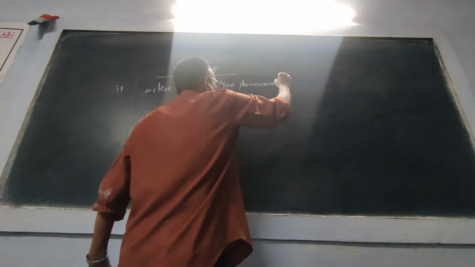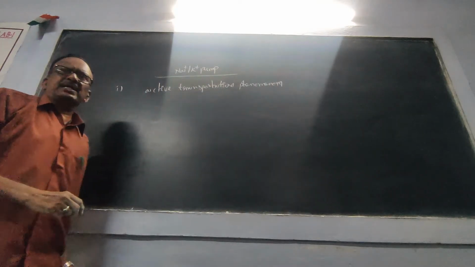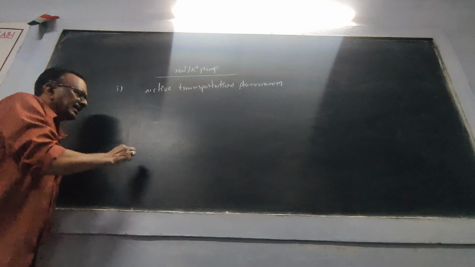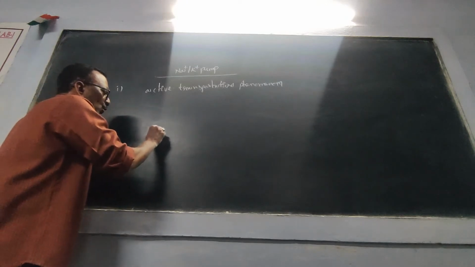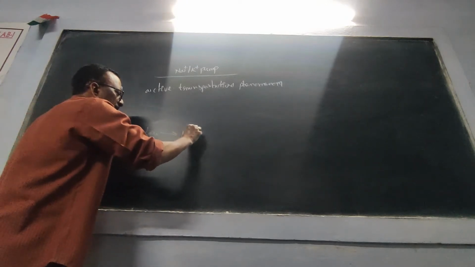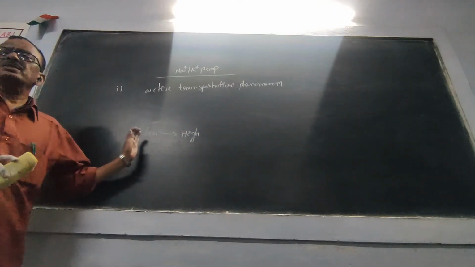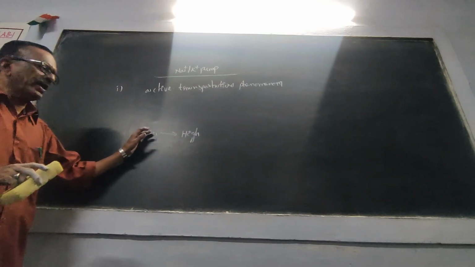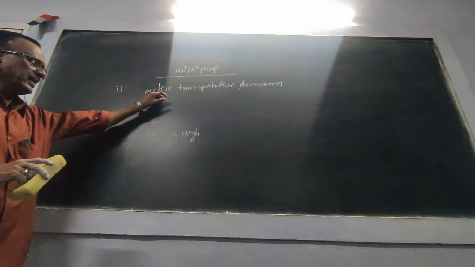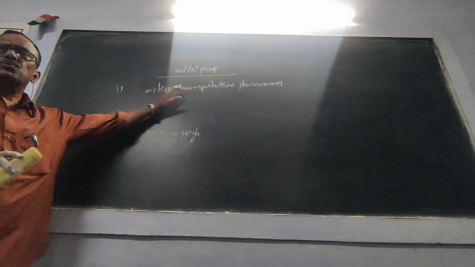You know what is the meaning of active? It means it requires energy. Why does it require energy? Because the ions, or charge, are moving from low to high concentration. That is why it is called an active transport system.